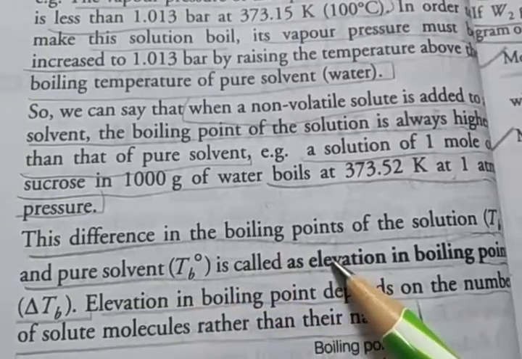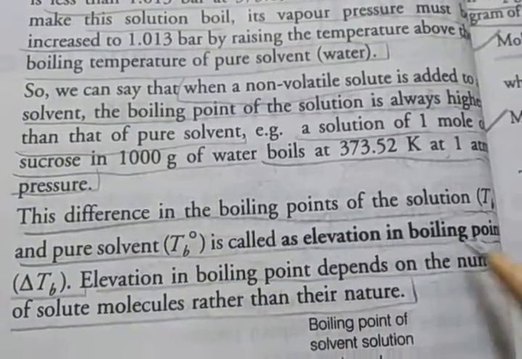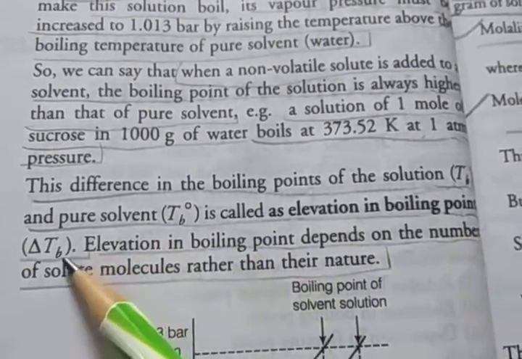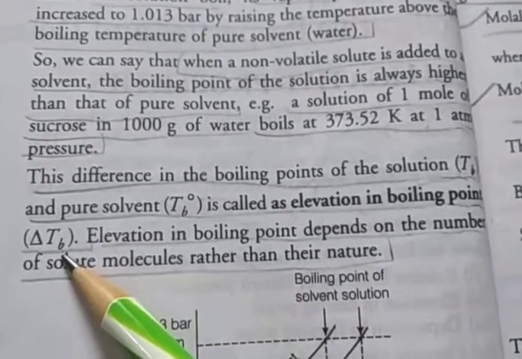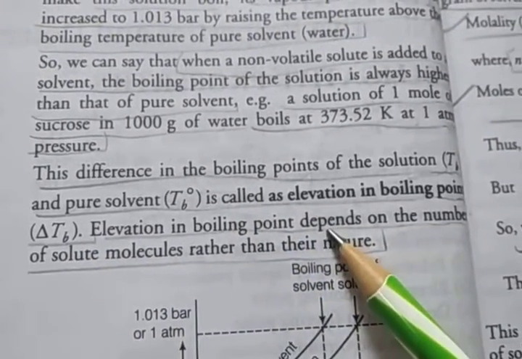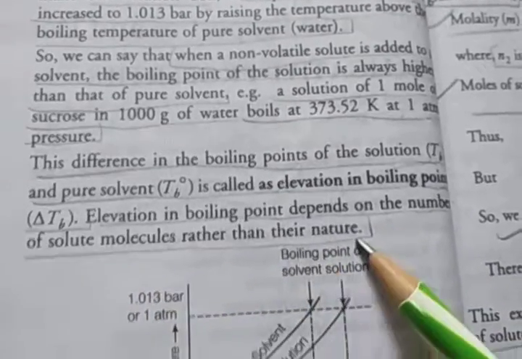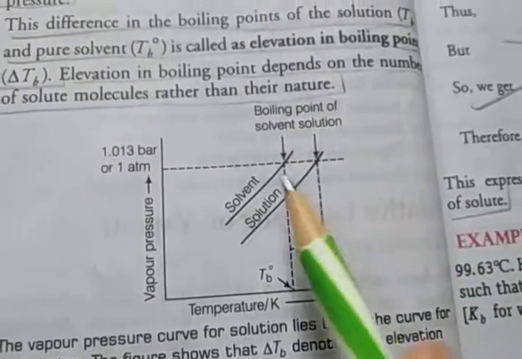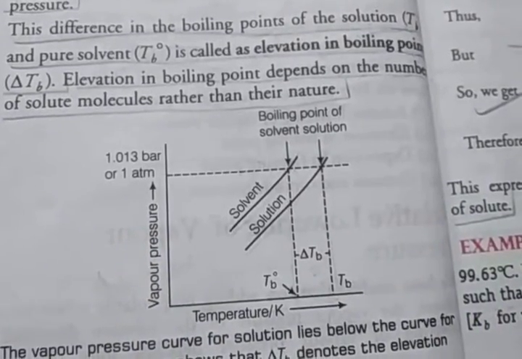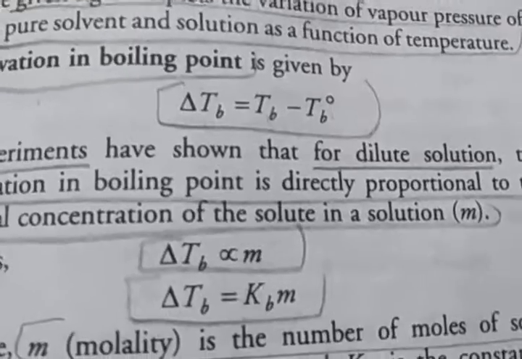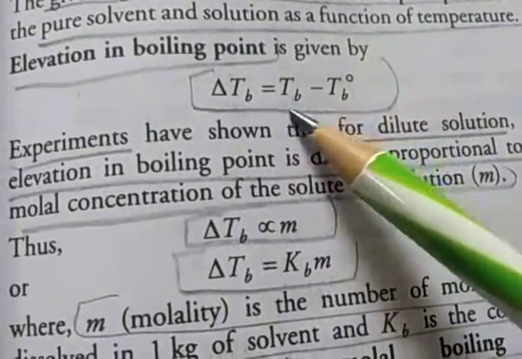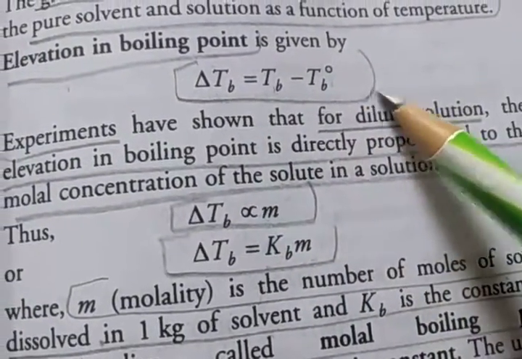This difference is called elevation in the boiling point, denoted by delta TB. Elevation in the boiling point depends on the number of solute molecules rather than their nature. This is the graph. So elevation in the boiling point is given by delta TB equals TB minus TB naught.